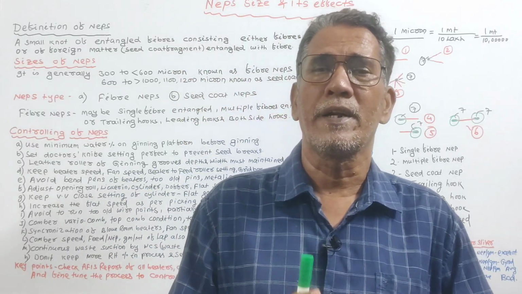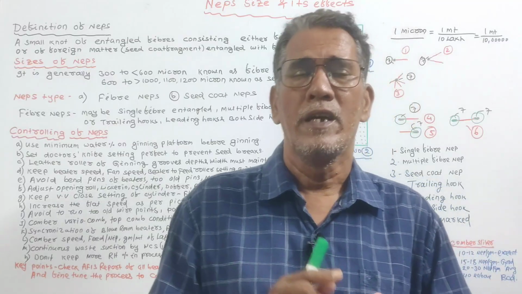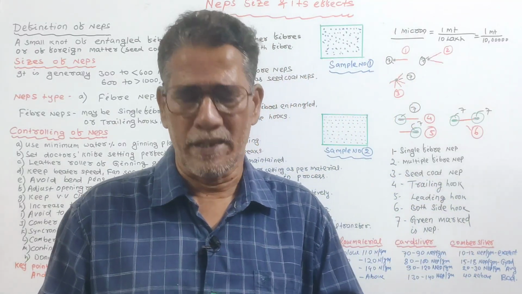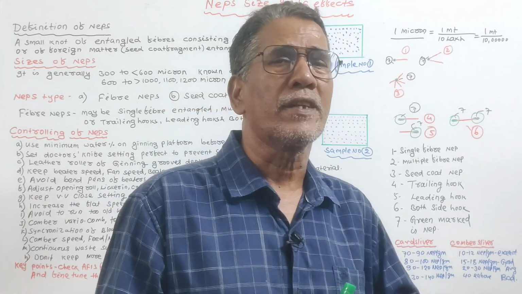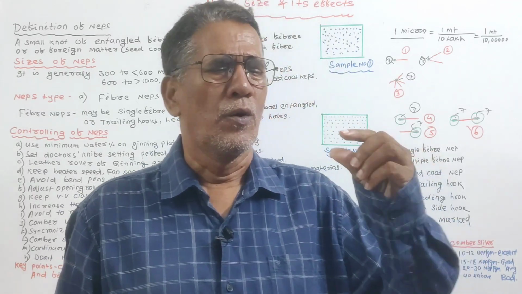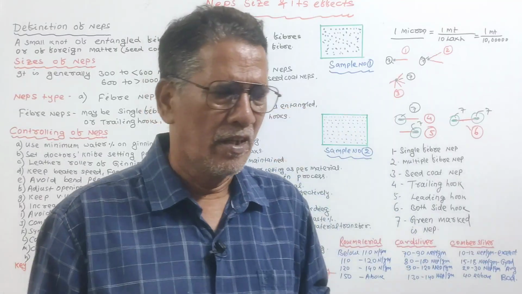If we divide 1 meter by 1 million, we get 1 micron. Neps are always measured in microns. Micron means a type of thickness.